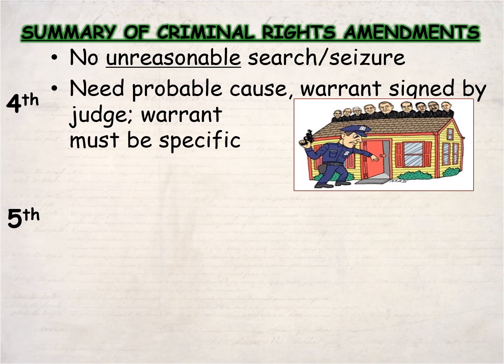W-E-E-K-S versus the U.S. Now this gets tricky, so pay attention. What happened here is Mr. Weeks was being looked into by some local police, and they were trying to convict him of transporting lottery tickets through the mail. So they went into his house and they found the contraband and they brought it to court.